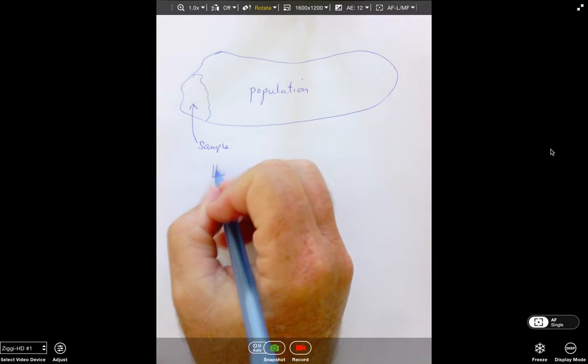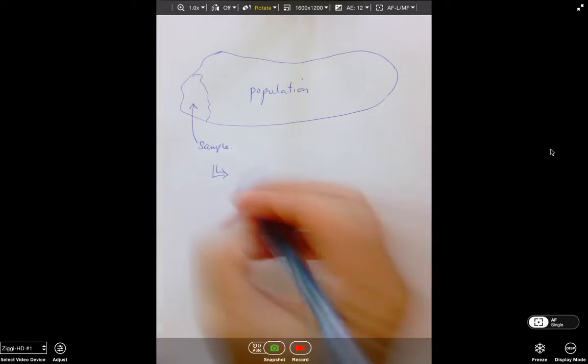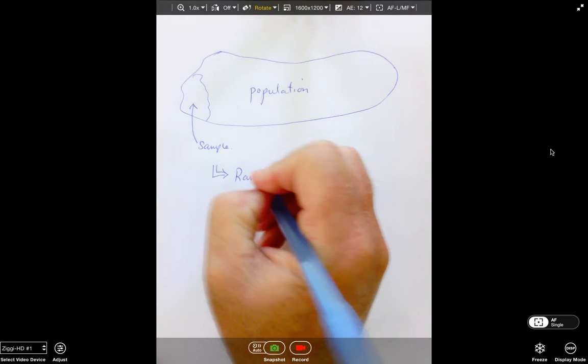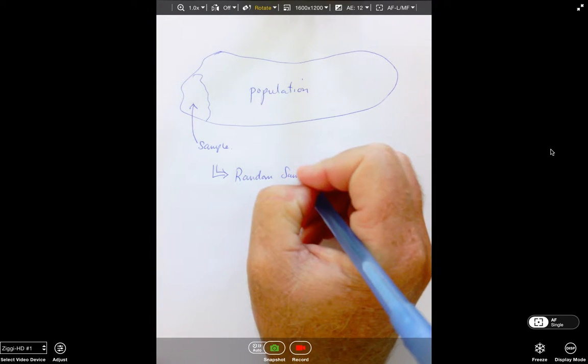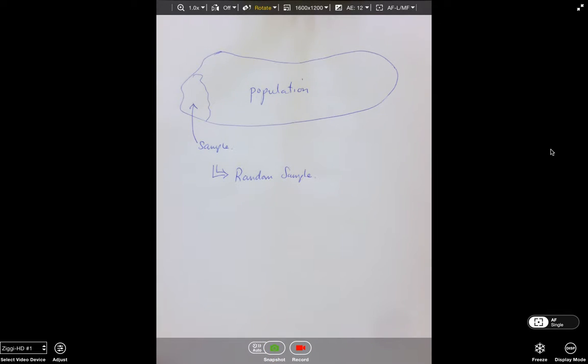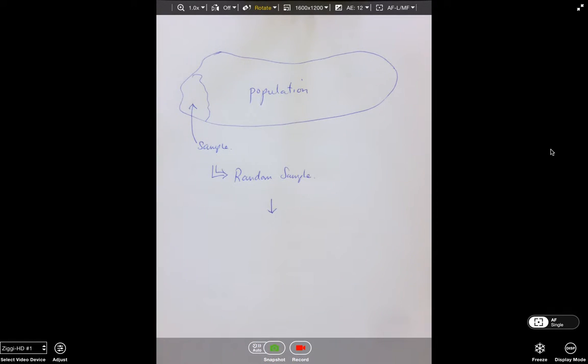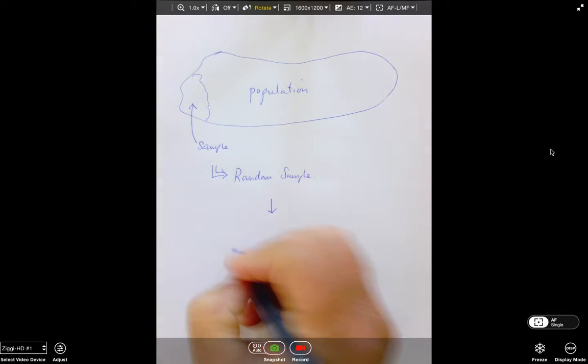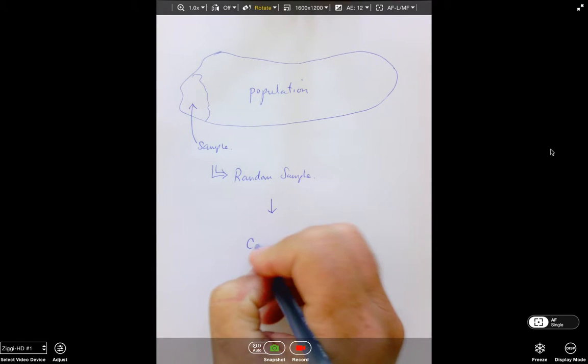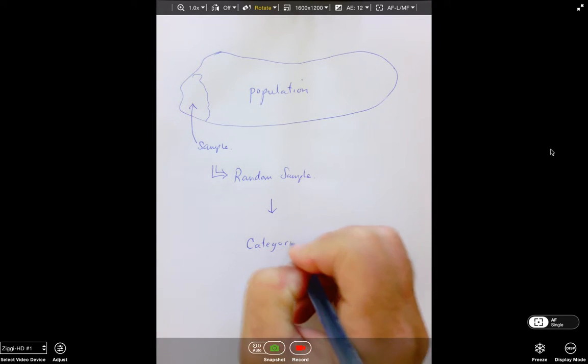And if we have done a good job in conducting a study, then we have collected a random sample. So what we are assuming in this demonstration is that we have this larger population, we've collected this random sample, and our variable is categorical.